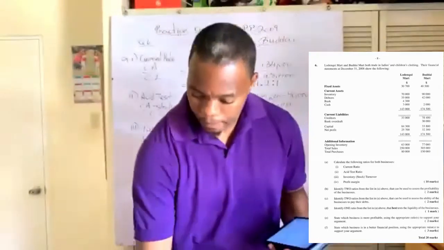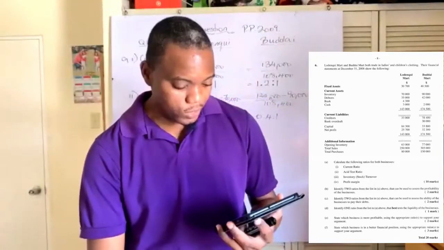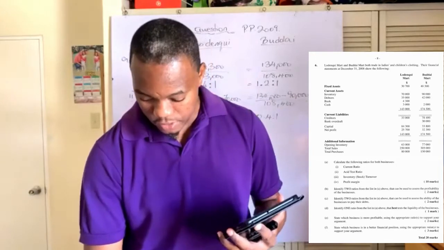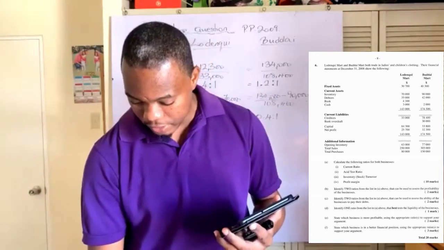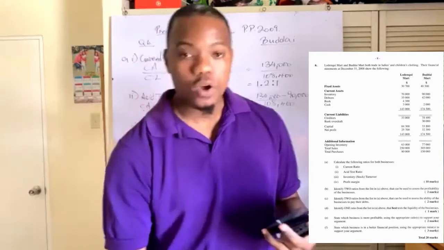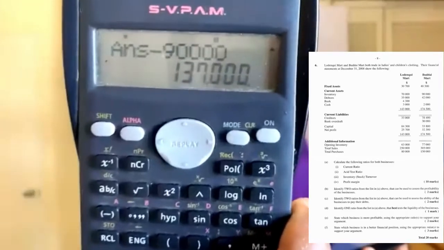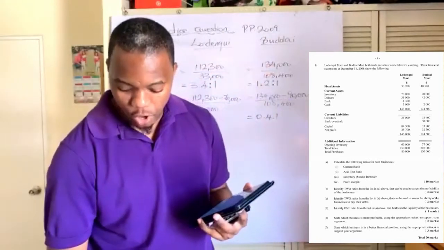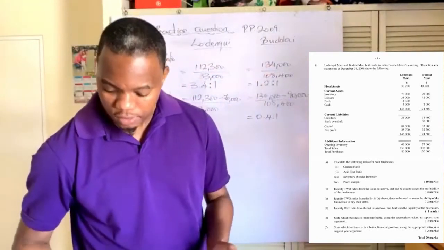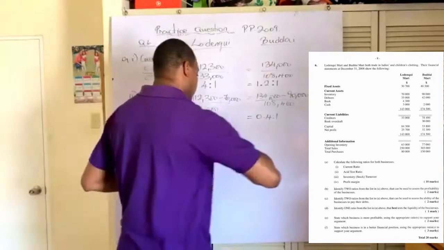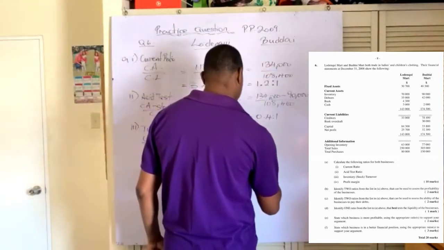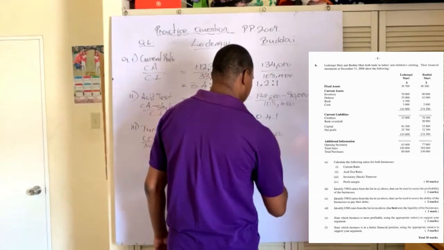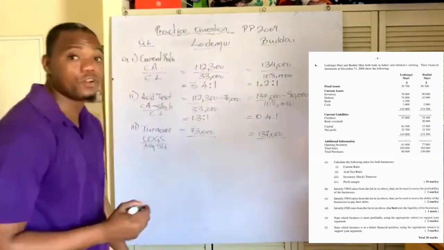So now we're going to subtract our closing stock for Budai, which is 90,000. Closing inventory 90,000. That gives us 137,000. So that now would be our cost of goods sold, 137,000. You see how they make it difficult? That's how they make it difficult, guys.